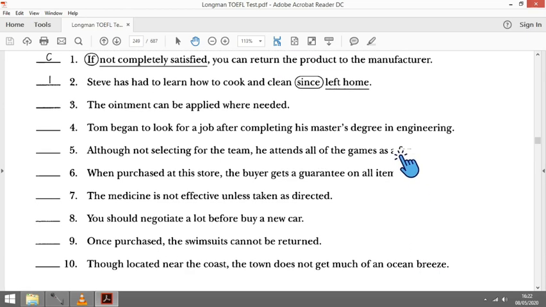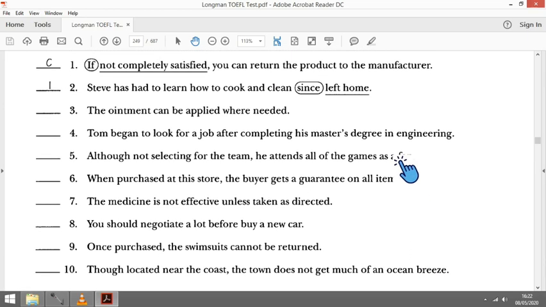Okay, for example, the food is eaten by me. We can change it to: I am eaten by the food.